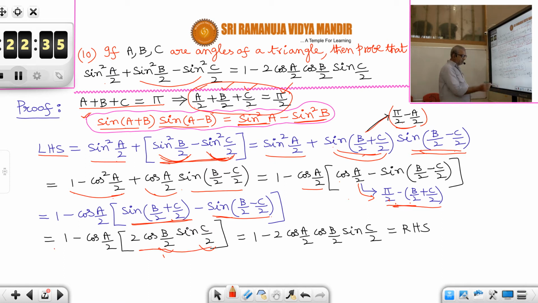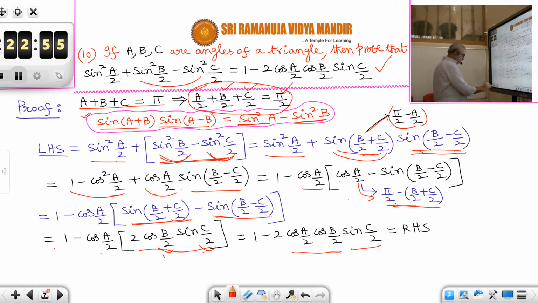So 1 minus 2 into cos A/2 cos B/2, but for C/2 it is not cos, it is sin. Is it okay? Yes, it is okay. See the right hand side, it is correct.